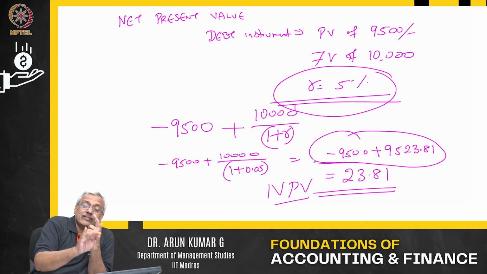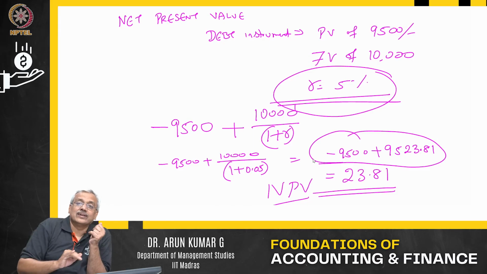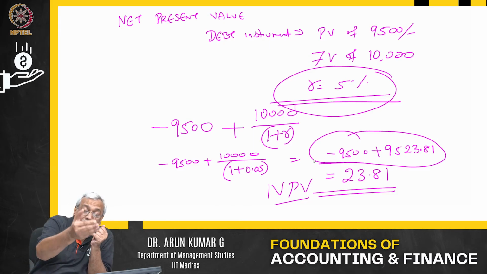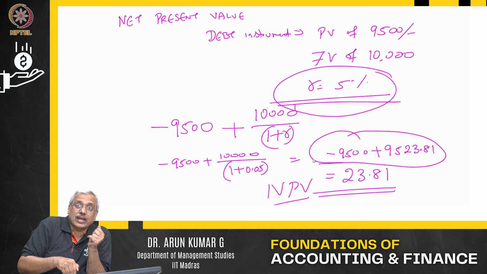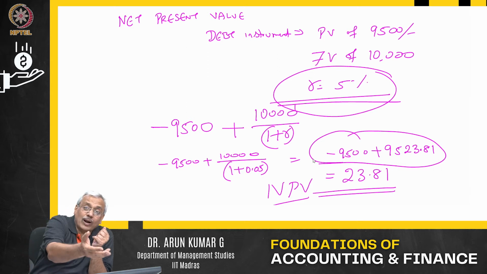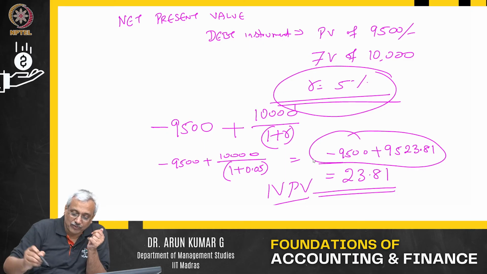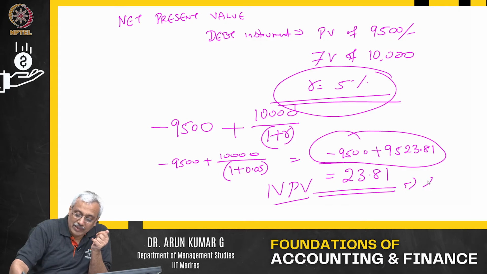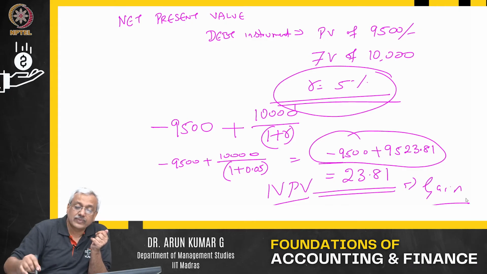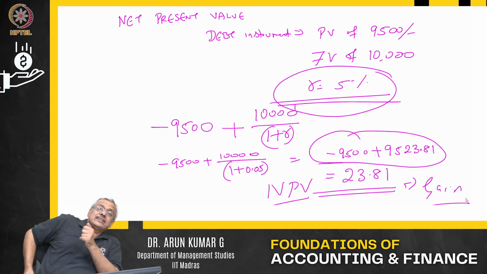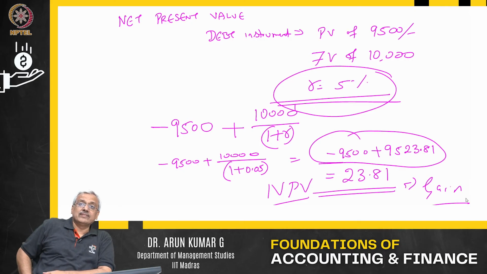Whereas how much am I giving as of today? 9,500. The value of what I am going to get in future, as of today, is 9,523.81. So there is a 23.81 that I am going to gain. That is where we call it positive NPV, positive net present value.